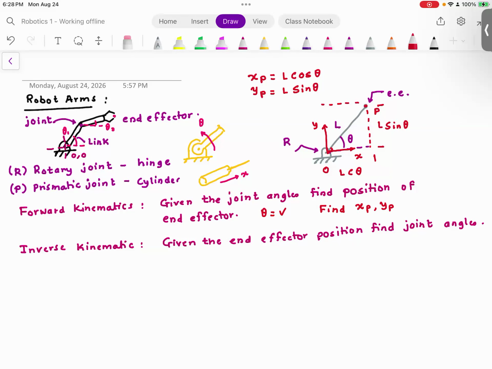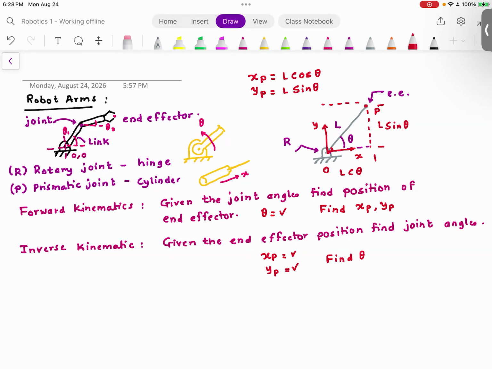Now, in some cases, I give you values of XP and YP and ask you what should be the theta to get those XP and YP. So now here XP and YP is given to you and you have to find out the value of theta.